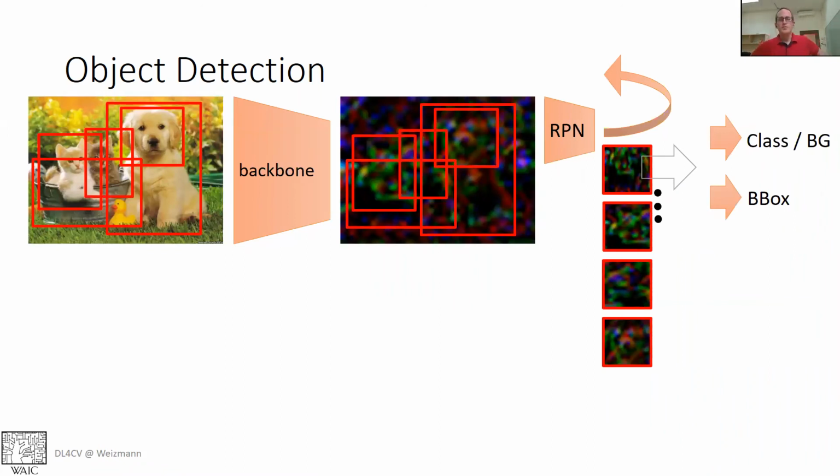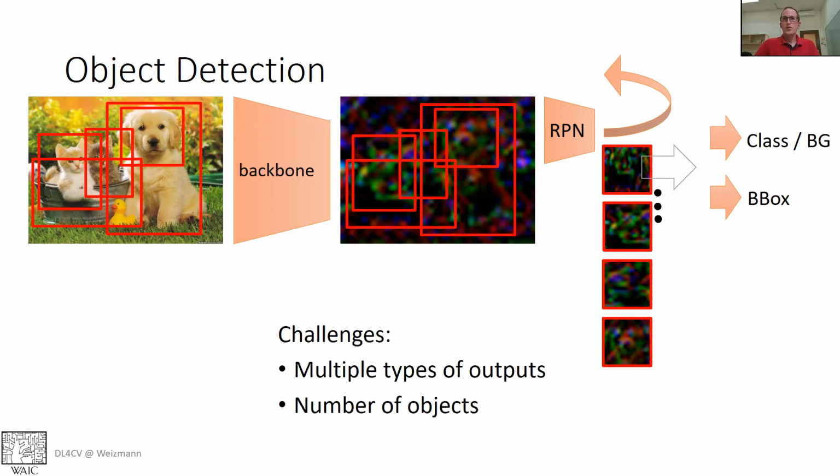So to recap, we have two-stage object detection, the Faster R-CNN. At the first stage, we have an RPN. Once it proposes regions, we crop them and we apply classification and bounding box regression, and we output the objects in the image. So we had the challenges of object detection of multiple types of output, and we handled this using multitasking.